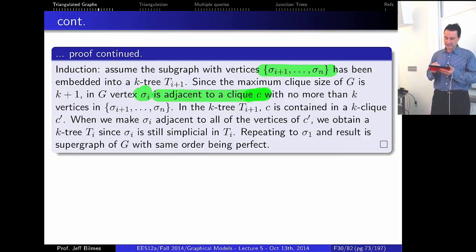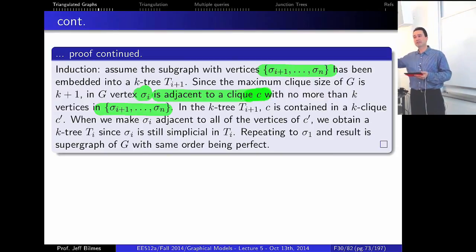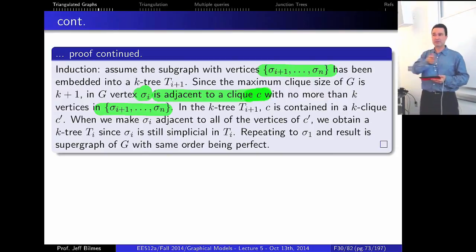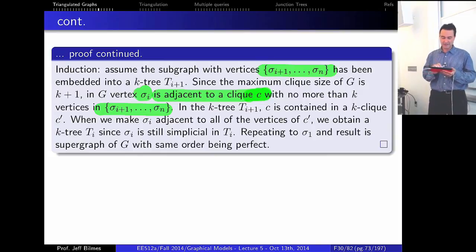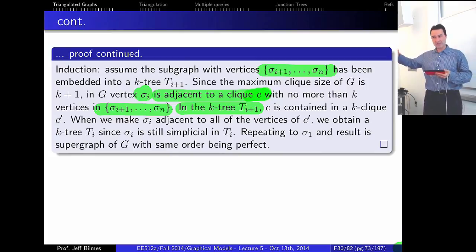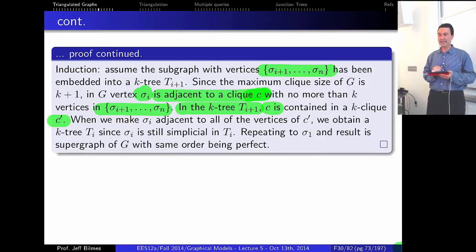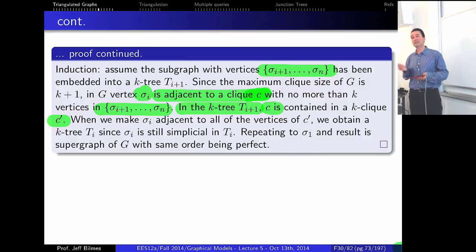Now C is a set of vertices in the future set of vertices that we're about to eliminate, because remember, we're running backwards in time. In the K-tree that we got from the induction step, this set of adjacent vertices is contained in a K-clique C prime, because it's a K-tree.